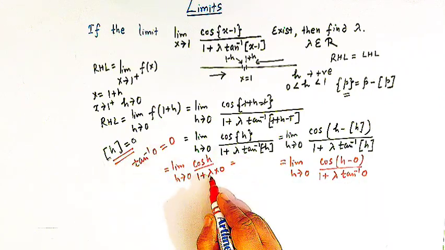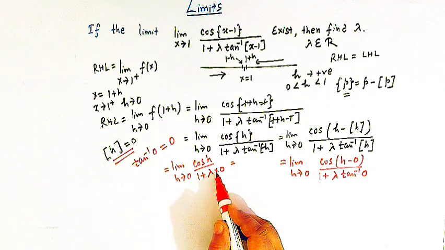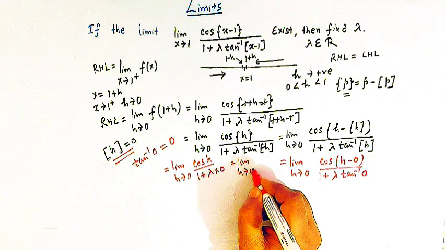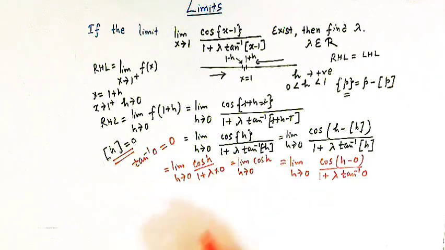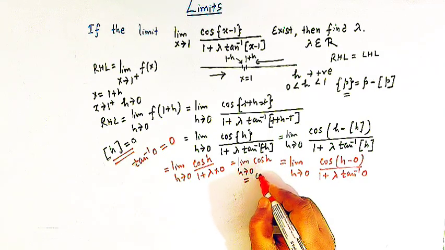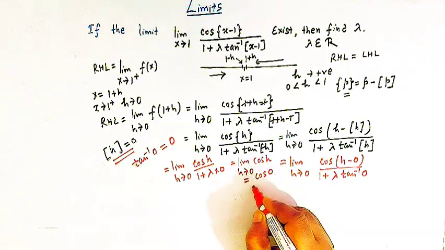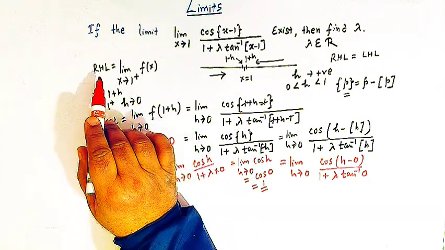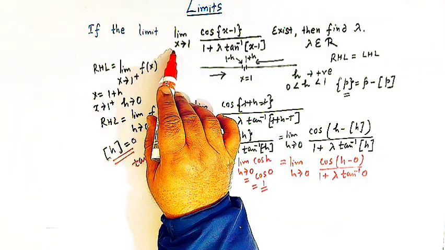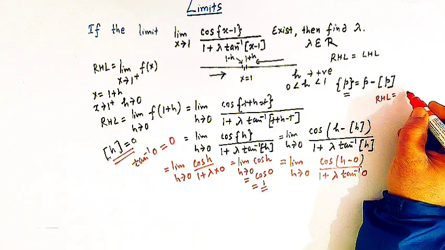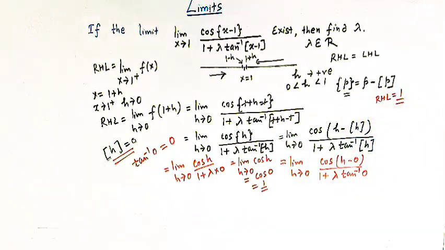Now this term goes to 0, and we have 1 plus 0, that is simply 1. So we are left with only limit h tends to 0 of cos of h. When h tends to 0, cos h tends to cos of 0, and cosine 0 is equal to 1. So the right hand limit of this function when x approaches 1 is equal to 1.